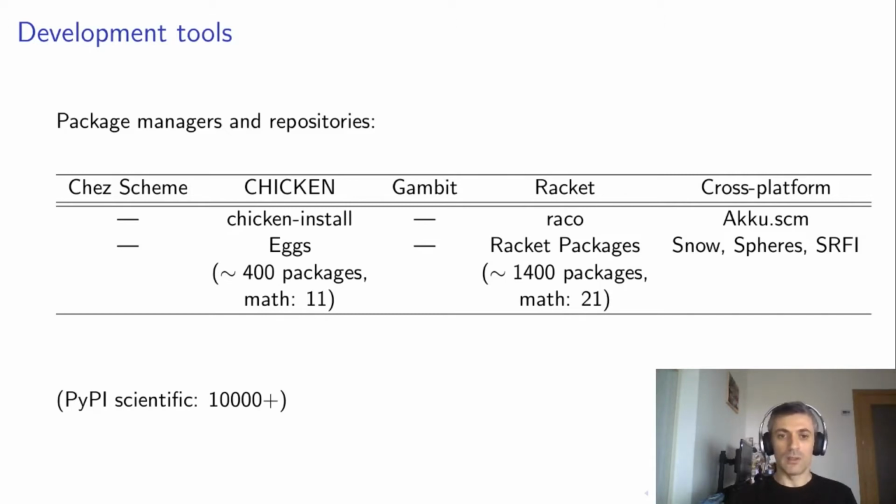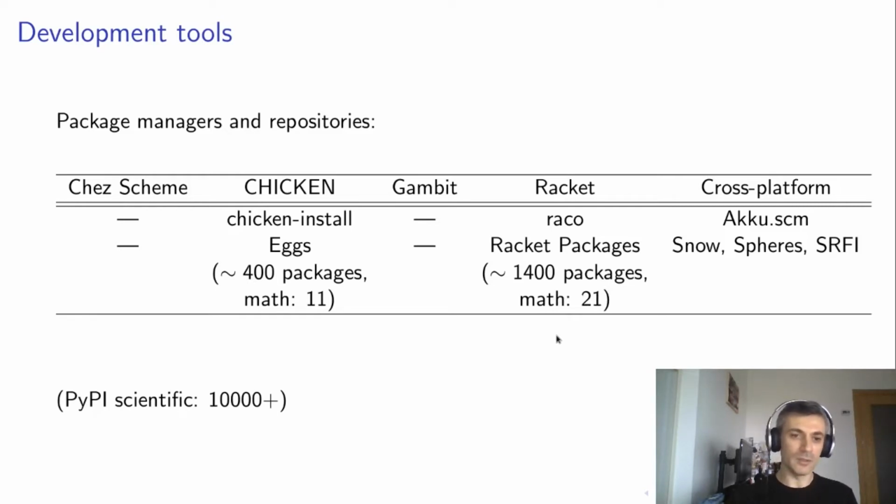In terms of available libraries, apart from the cross-platform Snow spheres and the very useful SRFIs, the Chicken repository, the eggs, contains about 400 packages, of which 11 are tagged for mathematical purposes, and Racket contains more than 1000 packages, of which about 20 are tagged as mathematics packages.